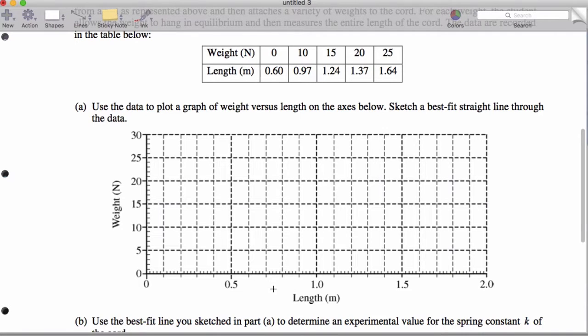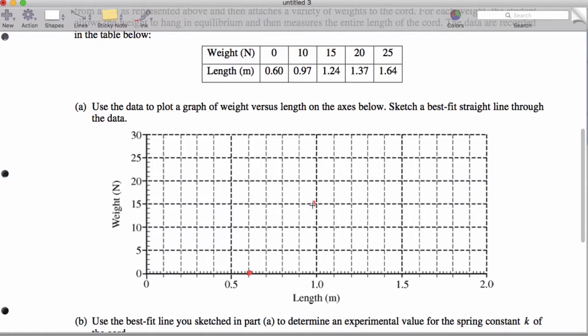So when the weight is 0, we've got a natural length of 0.6, which I'll highlight here. And then when we have a length of about 0.97, we have a weight of about 15, so I'll put that right there.